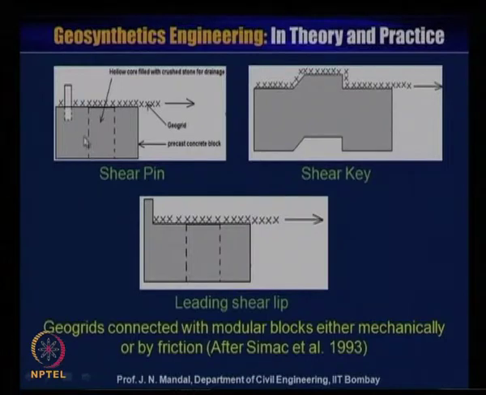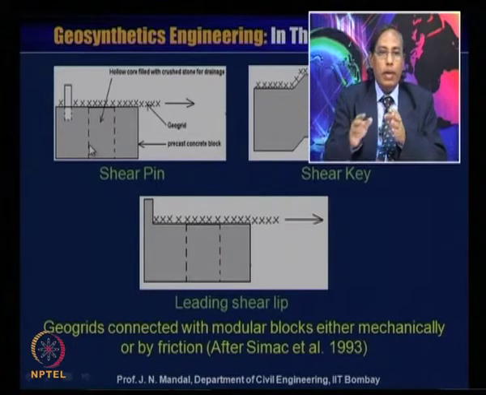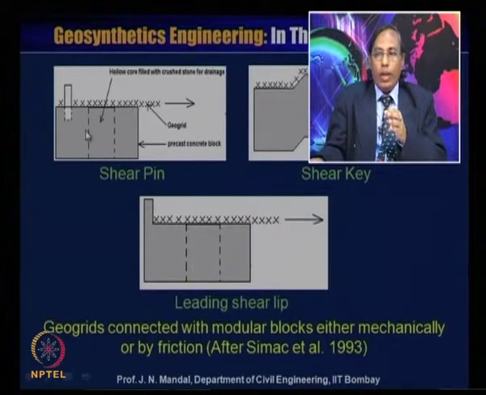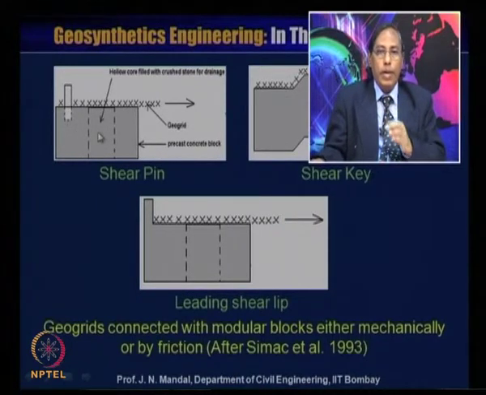Now this slide shows some geogrid connected with the modular block either mechanically or by friction, after Simac et al. 1993. You can see here is the shear pin. This is the hollow core filled with crushed stone or drainage. This is the geogrid material, and this is the precast concrete block where it acts as a shear pin.